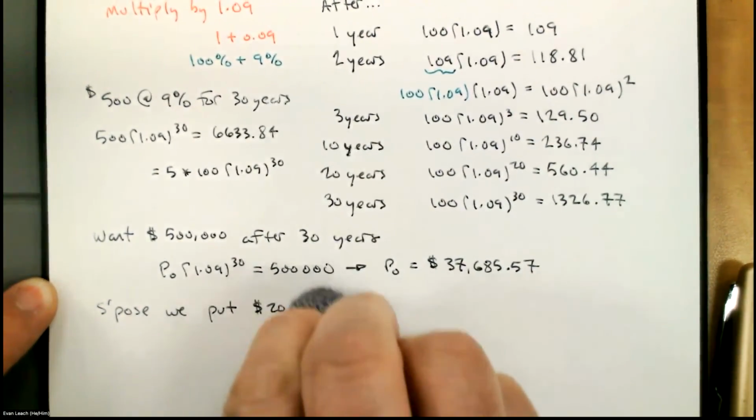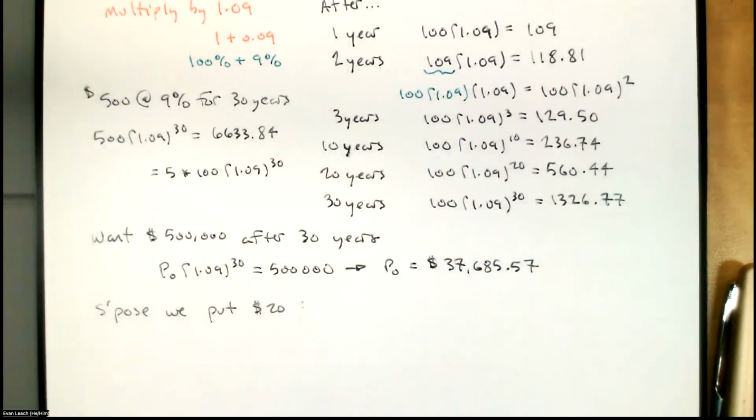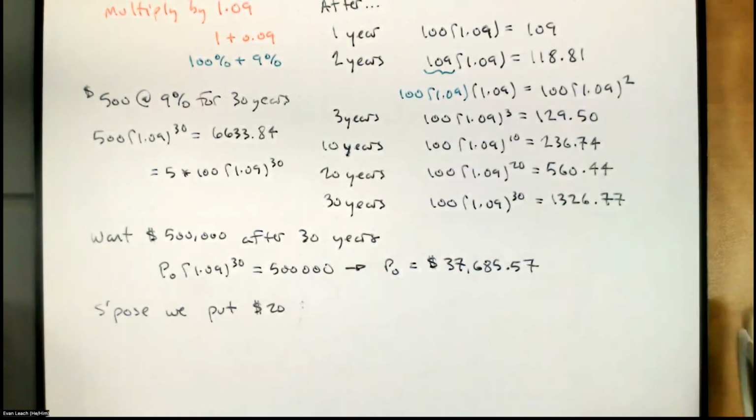Seems kind of a lot to ask for $37,000 right now. Let's start with something more reasonable. Let's say $20. But we're going to do this every month.